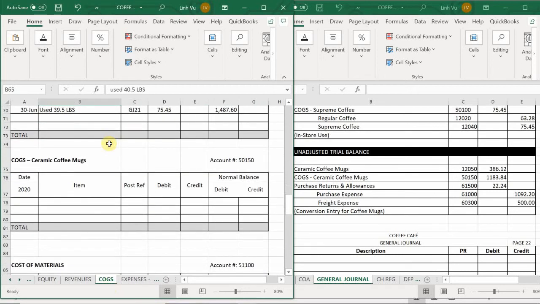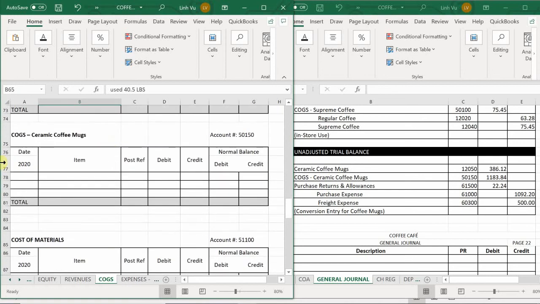And this side we have our cost of goods sold for the ceramic coffee mugs. So what do you want to put as the note here?